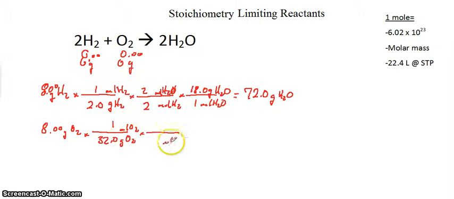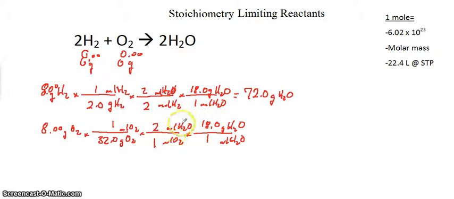Then I'm going to go from moles of O2 to moles of water. Notice in both cases, the first one I went from hydrogen to water, now I'm using all the oxygen going to water. My coefficient here for the water is 2, for the oxygen it is 1, and again I'm going to go from moles of H2O to grams of H2O, just like before, it's going to be 18.0 over 1.